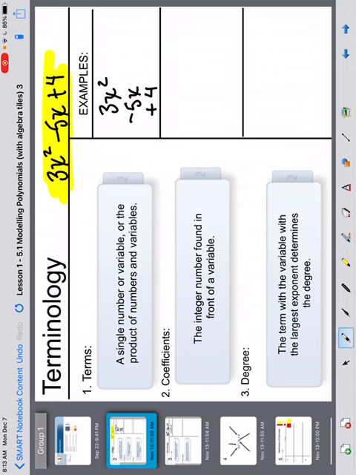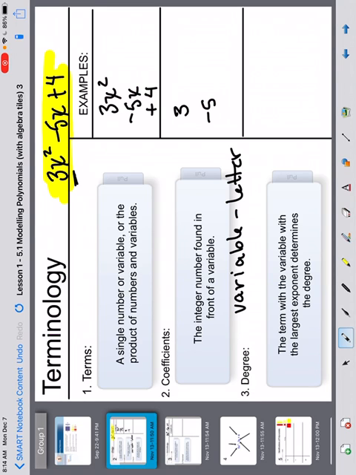The coefficient is the number in front of the variable. We haven't talked about it, but the variable is the letter in our equation. In this example, we have 3 in front of our x², and −5 in front of x. The degree of our polynomial is the highest exponent.